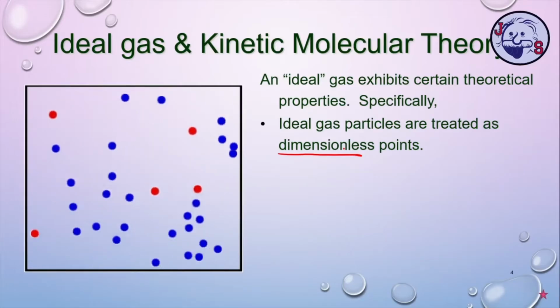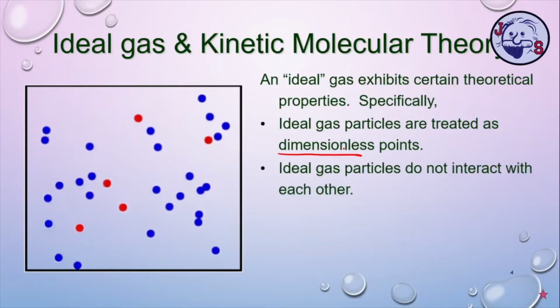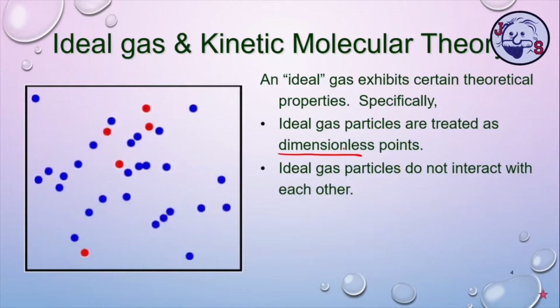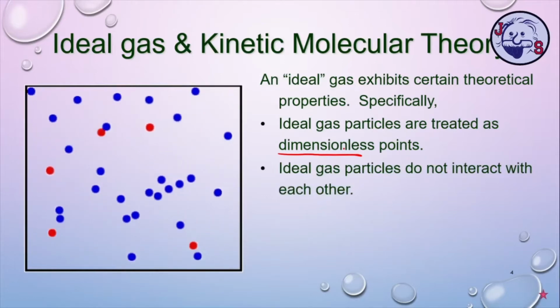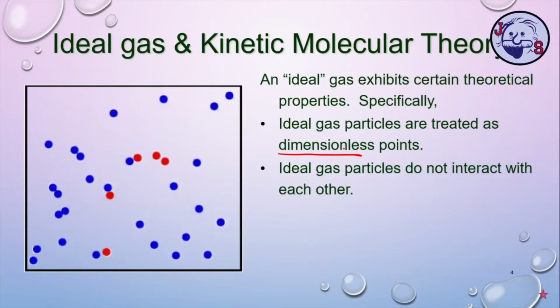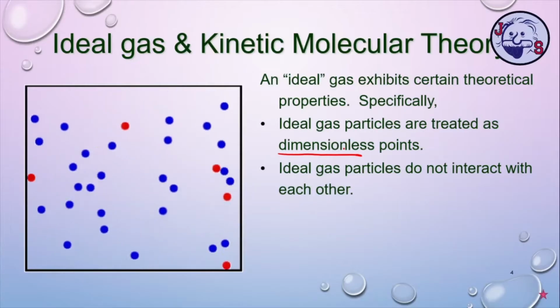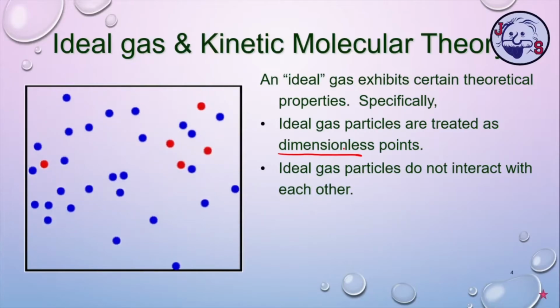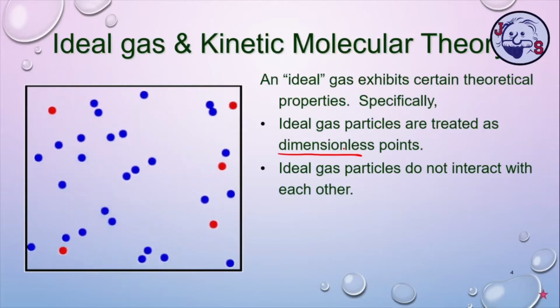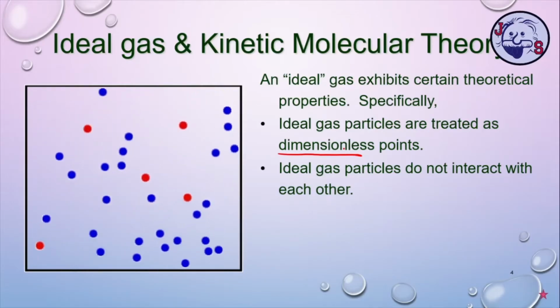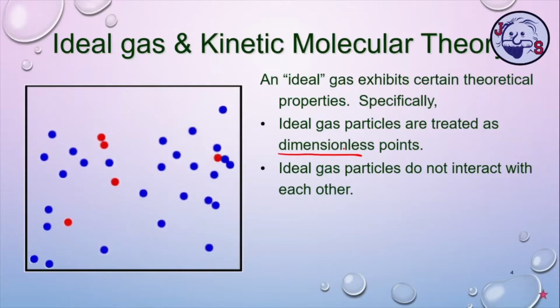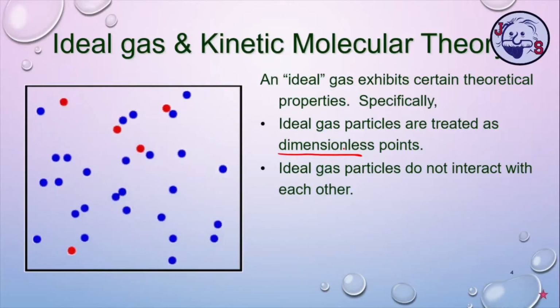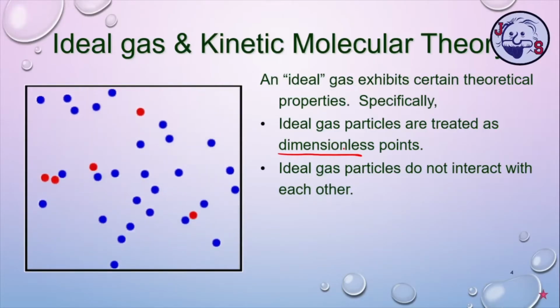The second assumption, based on the kinetic molecular theory, is that ideal gas particles do not interact with each other. But there are some conditions where gases tend to interact with each other, especially through electrostatic force.